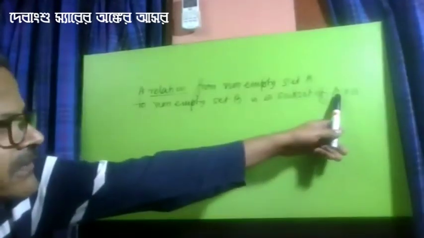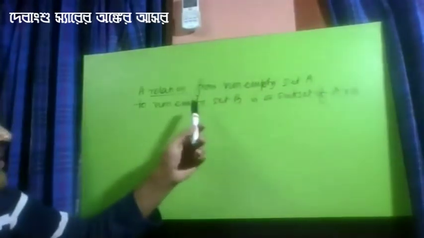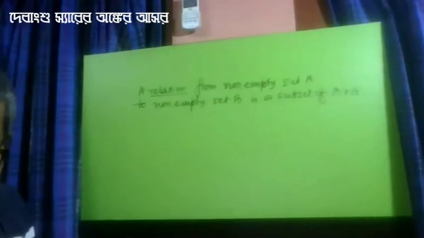Since A occurs first, it is A to B. If B occurs first, then it will be B to A. So this is called the definition of relation.